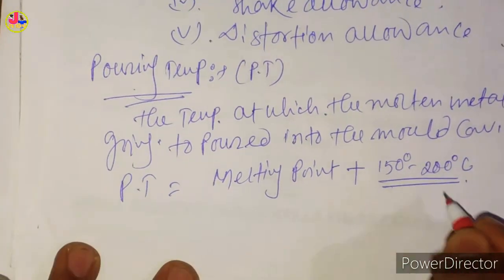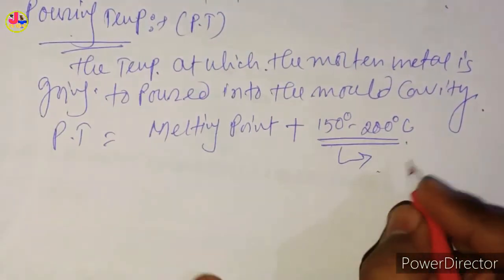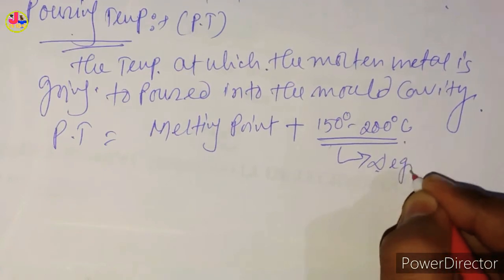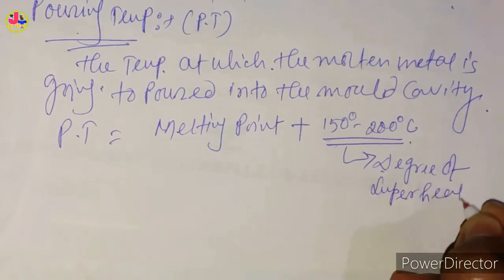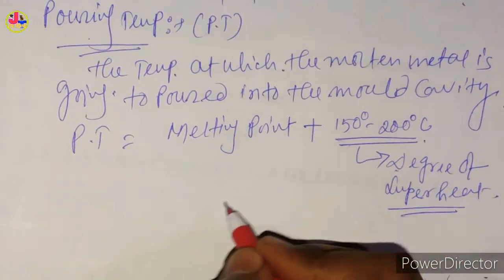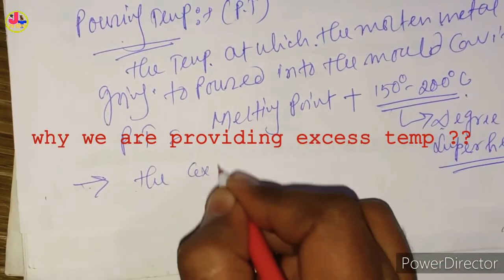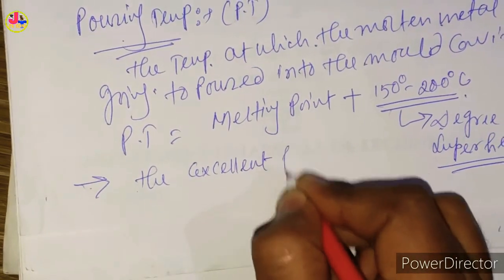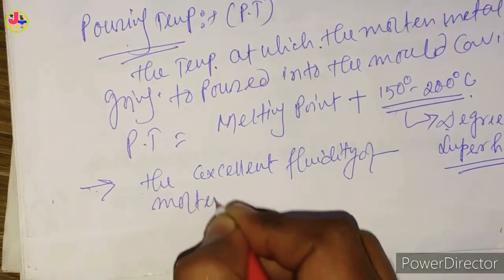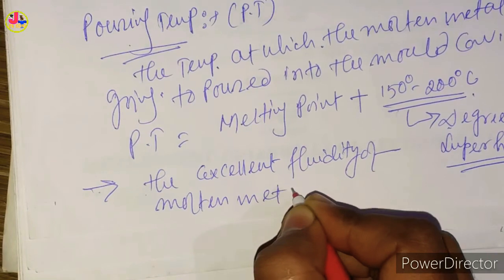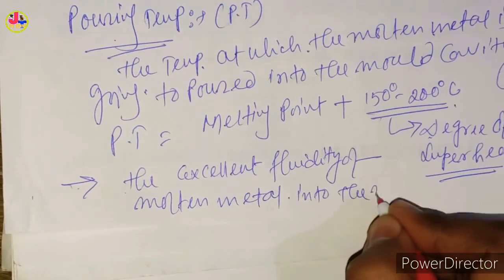We also know this as the degree of superheat. We provide the excess temperature for excellent fluidity of molten metal into the mold cavity.